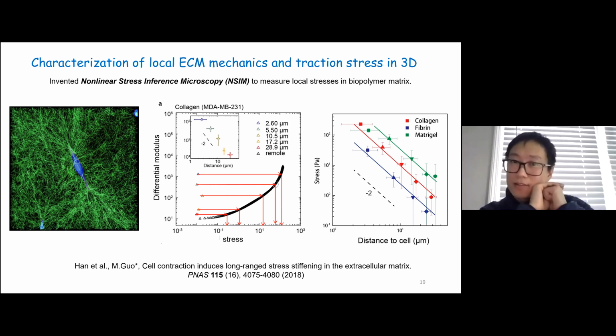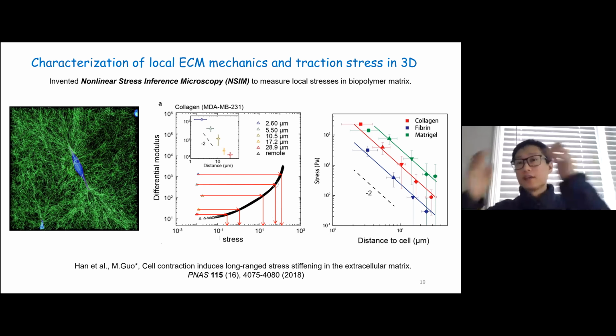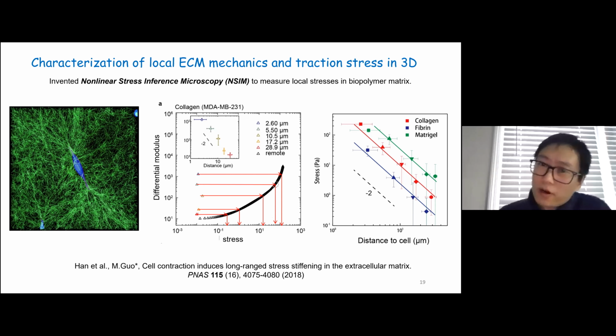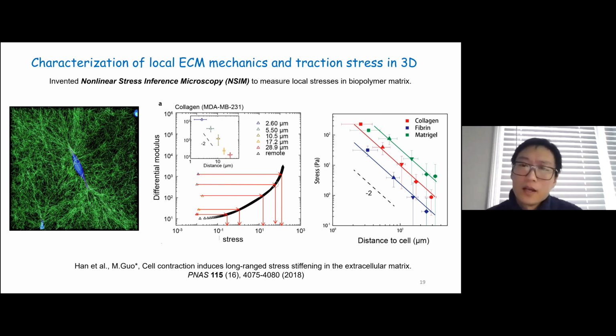It also has very interesting implications: perhaps when a cell contracts strongly enough, it can stiffen its surroundings. And this stiffening, as a result of stress, decays slower because the stress decays slower. So they influence a bigger field of space, and perhaps they can use this to talk to each other. That's something we are currently quite interested in.